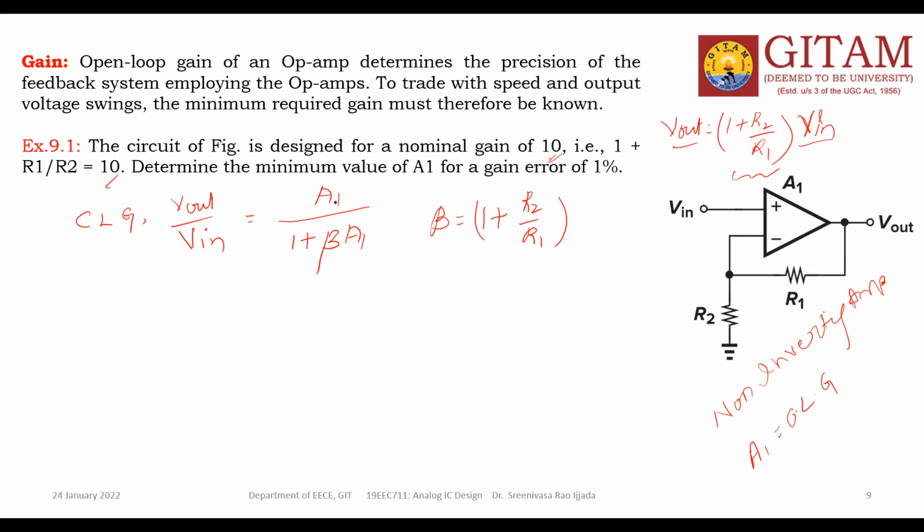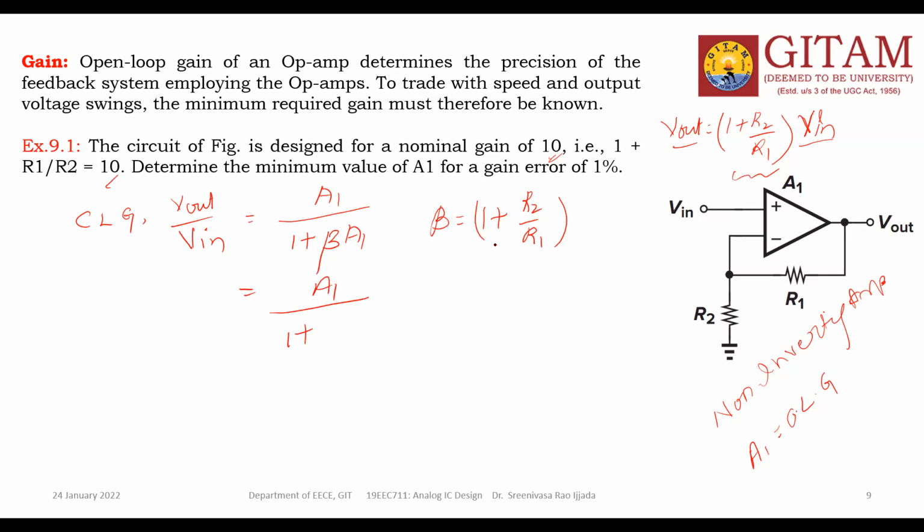So what is that one? Open loop gain by 1 plus feedback factor multiplied with the open loop gain. That is equal to A1 by 1 plus beta A1. What is the beta value? R2 by, sorry, the beta value is not this.